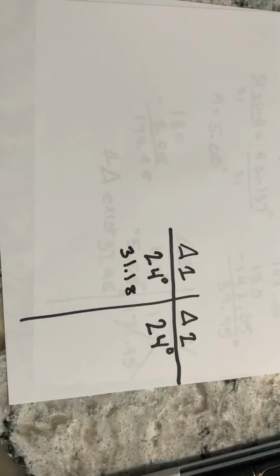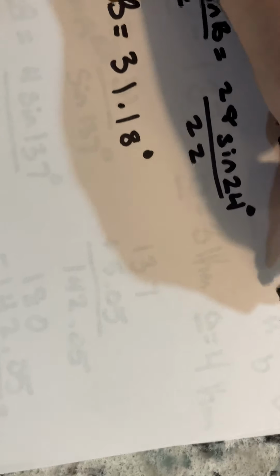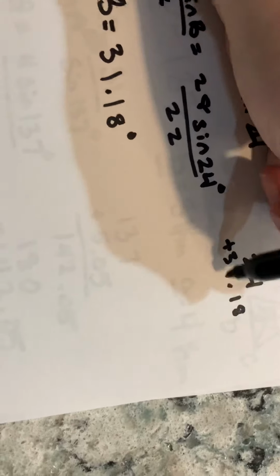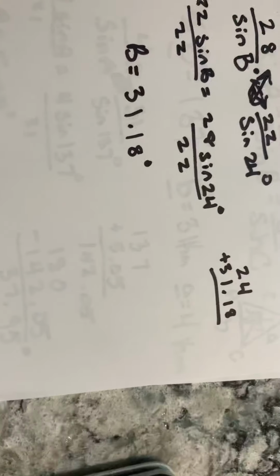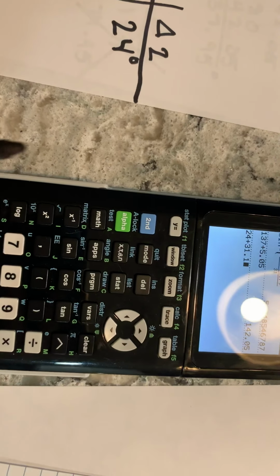From there, we have to add the two angles together to find out the third angle. So we go 24 plus 31.18 equals, we'll go back here, 55.18.